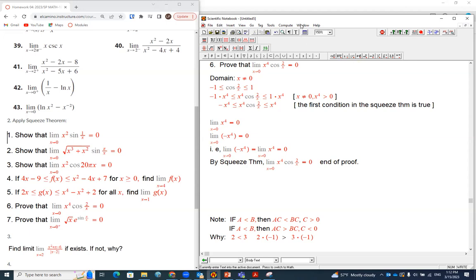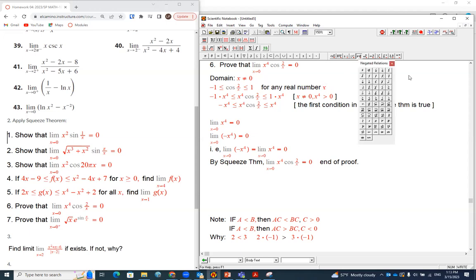You can say for any real number x, which is the domain, and certainly it's true for x not equal to 0.